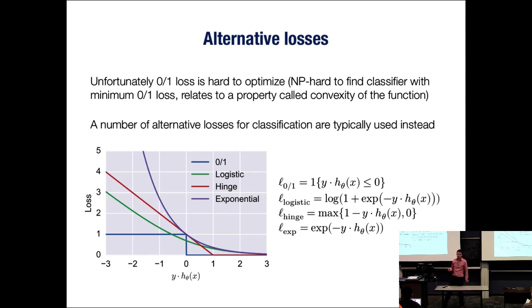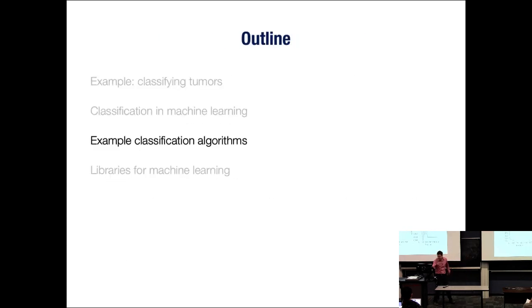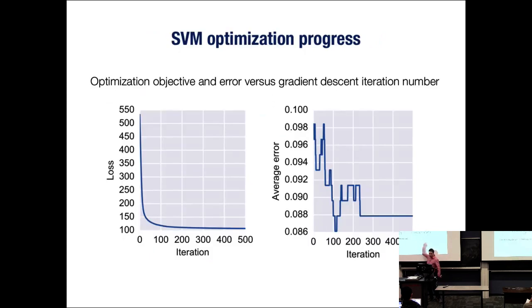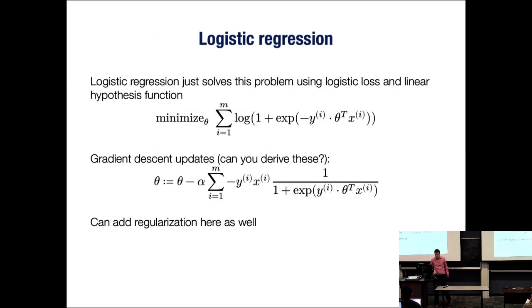What you're referring to is the fact that you can interpret a sigmoid function. It's actually just this one here, with a negative sign there. You can interpret that as a probability.